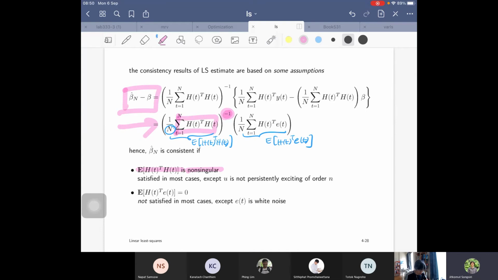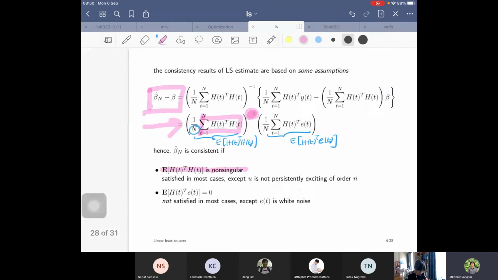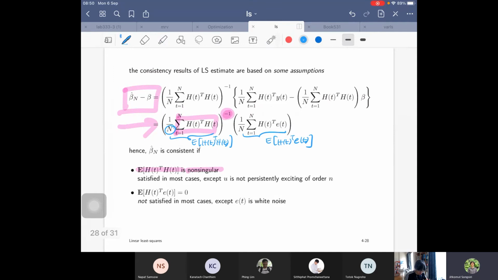Now we take a look back at what the regressor matrix is. Most of the time, if you fit a linear dynamical system, your HT will always have some input sequence inside the matrix H, just like the example we gave before.